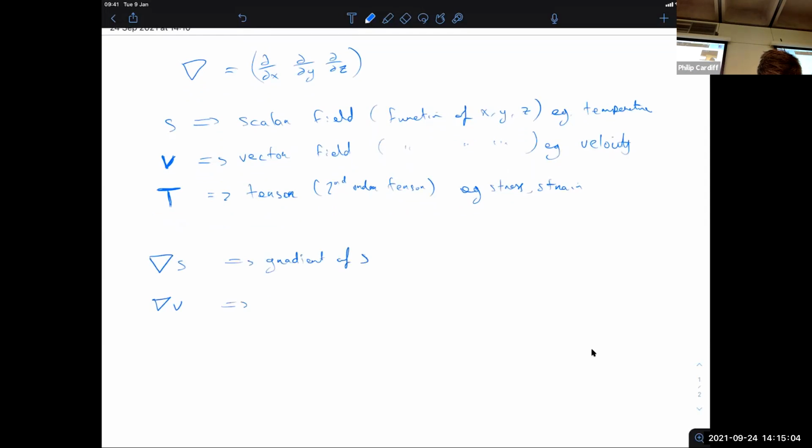It's the gradient of v, and I could also go grad T, the gradient of T. So the gradient operator, when I write it like that, so I just write nabla and then whatever I'm talking about. I don't have any dots or any other symbols or crosses or anything. That's just a gradient. So that defines how something is changing in space.